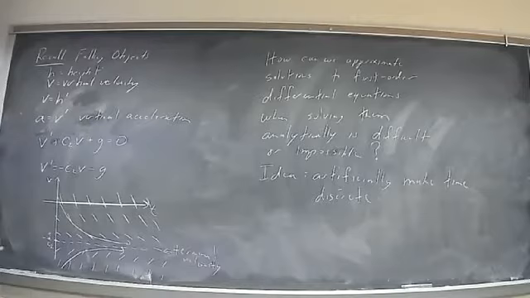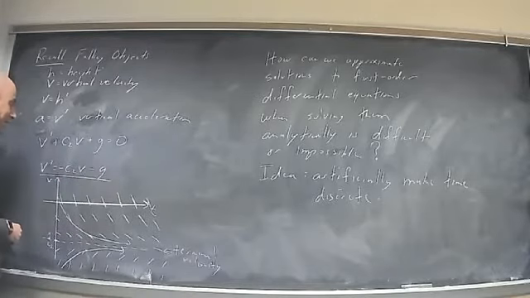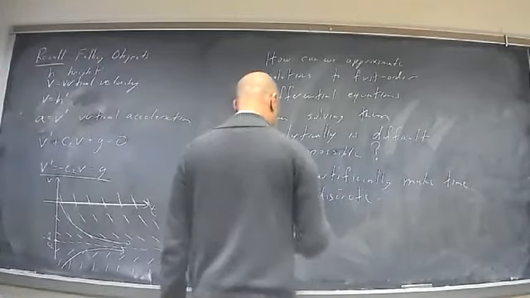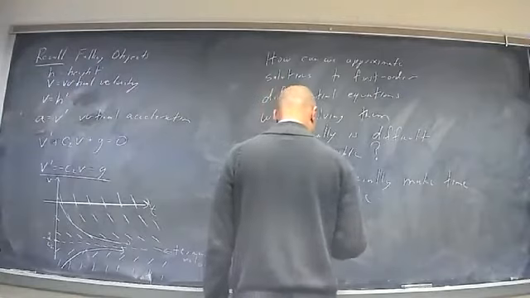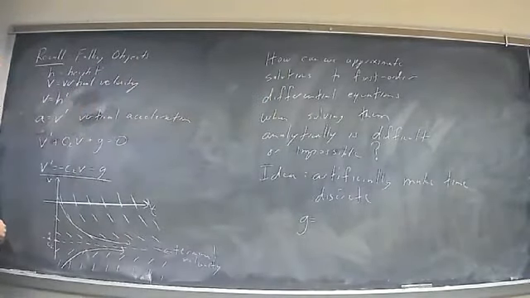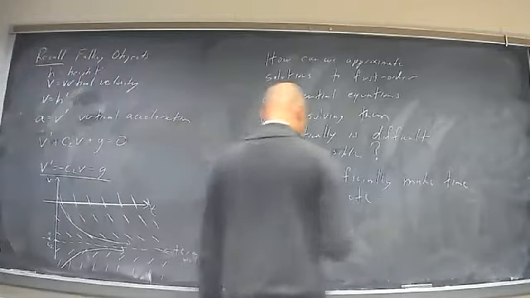So let's pick some numbers to put in for c2 and g. Near the surface of the Earth, the acceleration due to gravity is about 9.8 meters per second squared. Let's say g is 10.